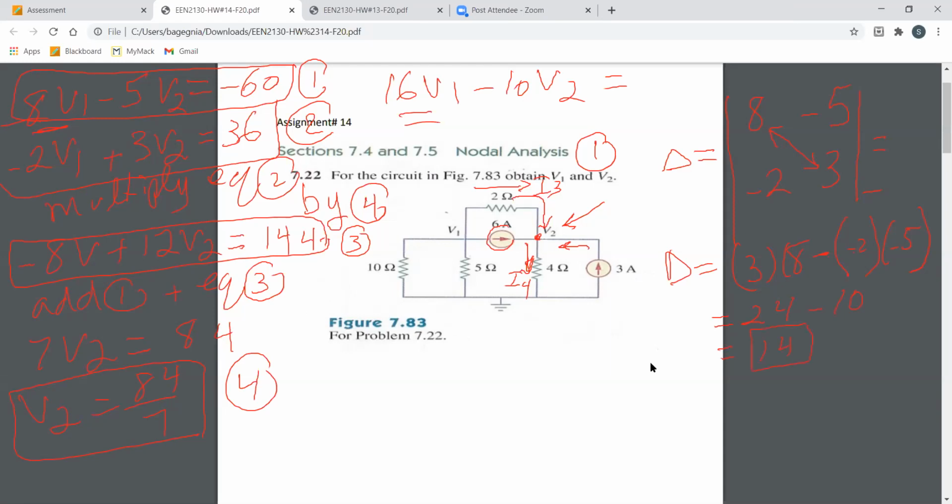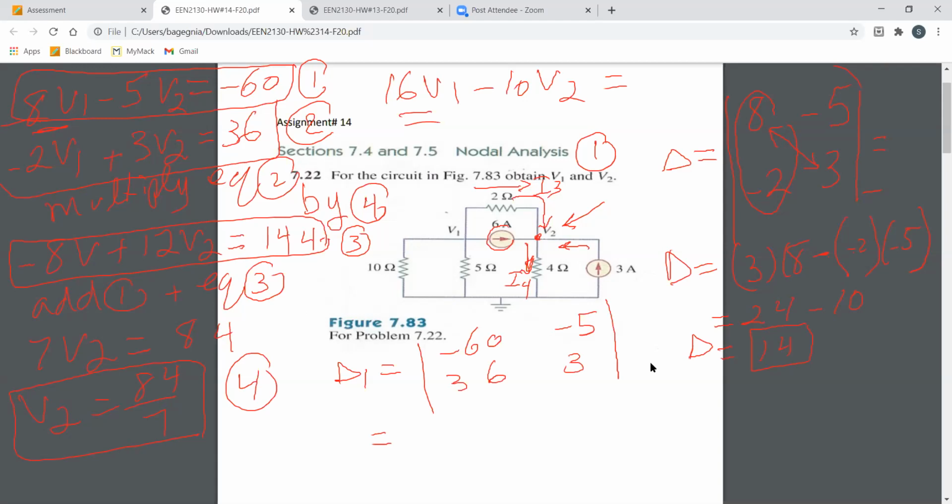You can box this one, because you will use it, and then move to delta 1. For delta 1, you use this determinant, but you need to replace the first column with the right-hand side of equation 1 and equation 2, which is negative 60 and 36, and then you keep the second column.